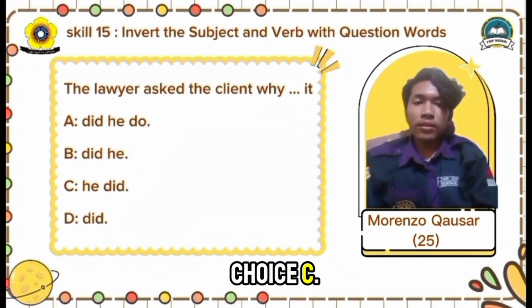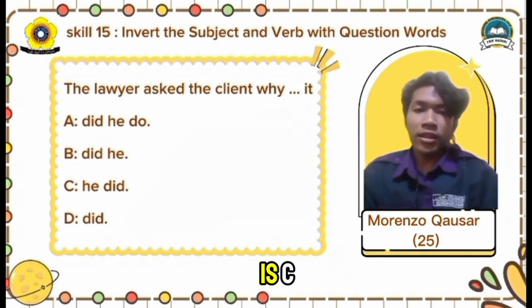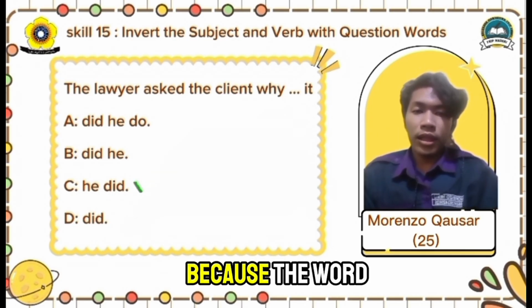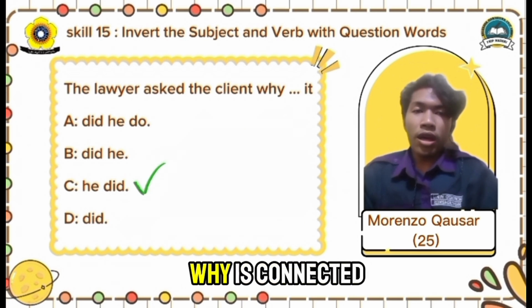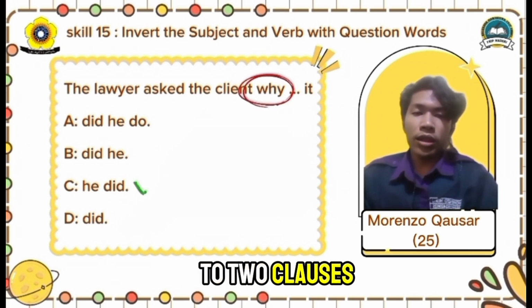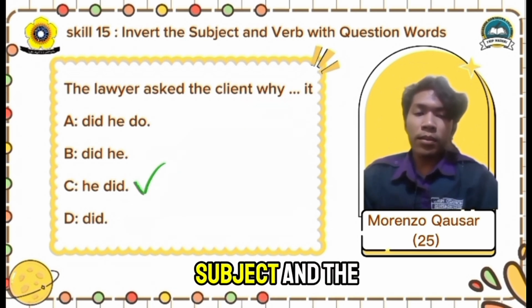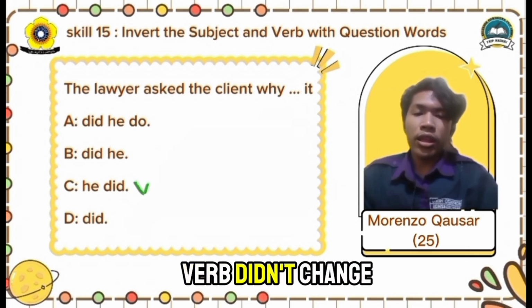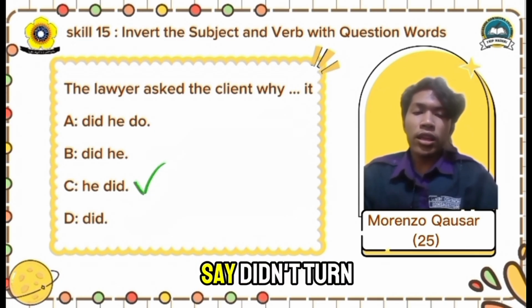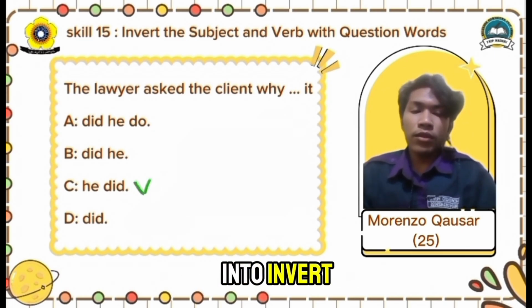Choice C, he did. And choice D, did. The best answer is C, because the word why connects two clauses, which means the subject and the verb didn't change, or we would say they didn't turn into an inversion.